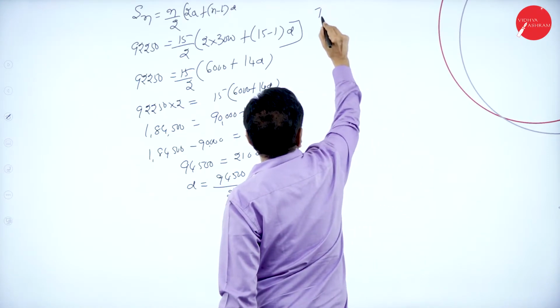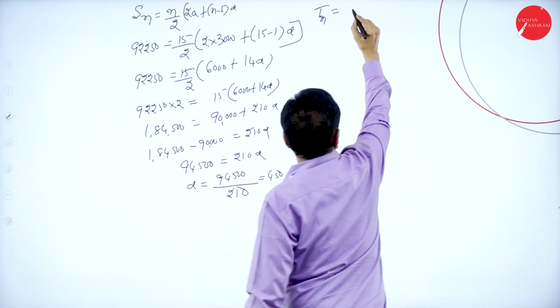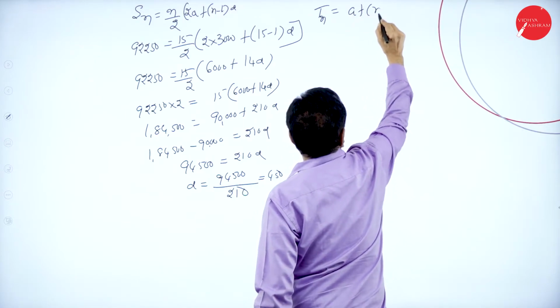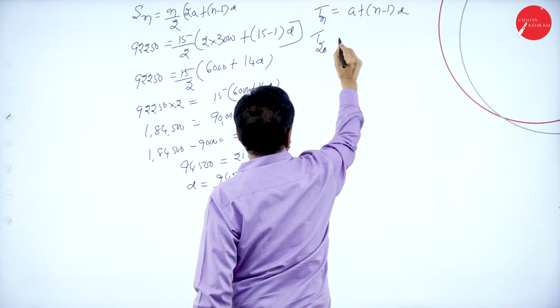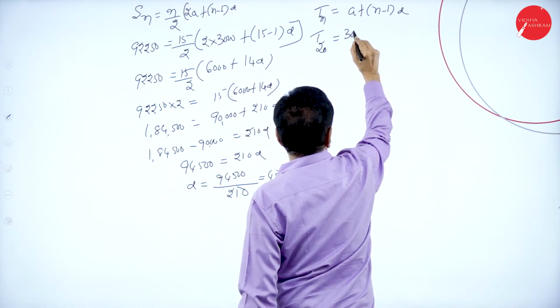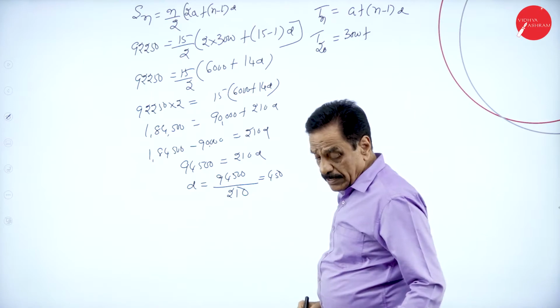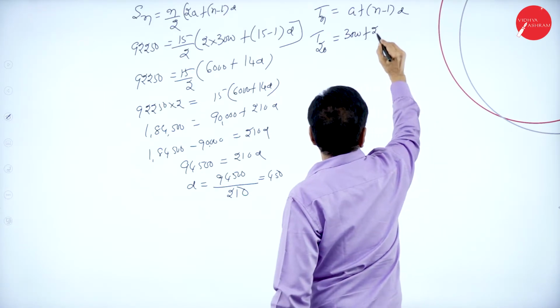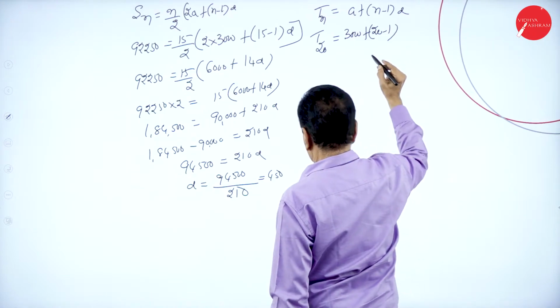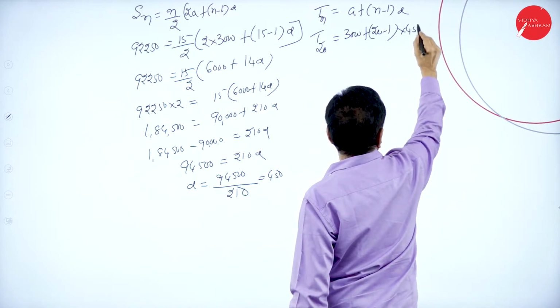Tn is equal to a plus n minus 1 d. T20 is equal to 3,000. How many years is asking? 20th year. 20 minus 1, your difference is 450.